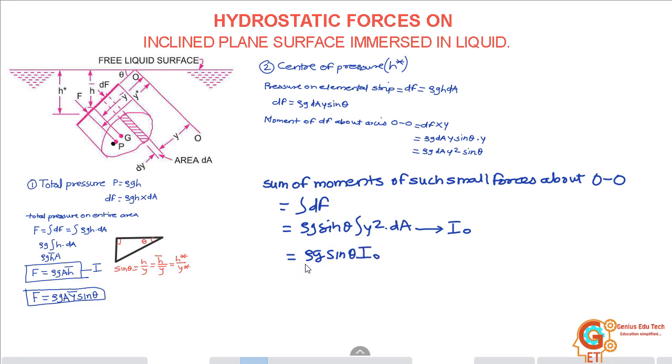So you can write this equation as rho g sine theta I0. Let us make this equation as equation A.